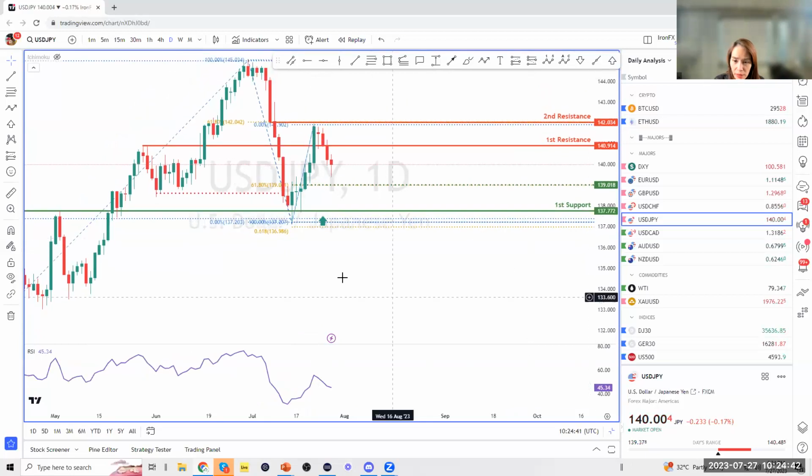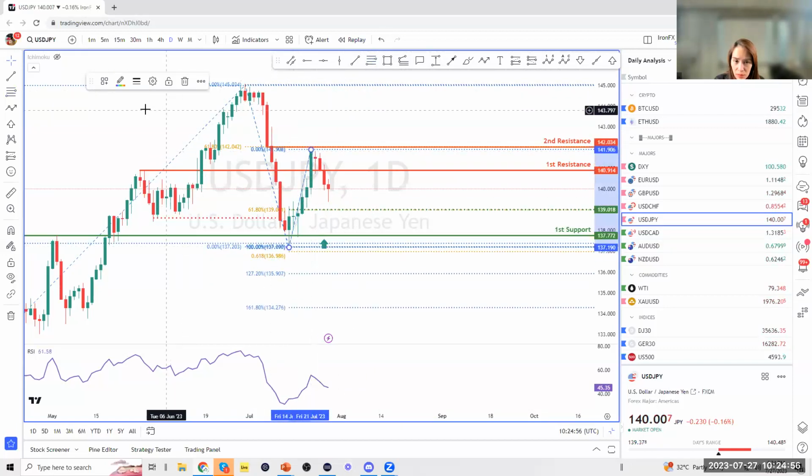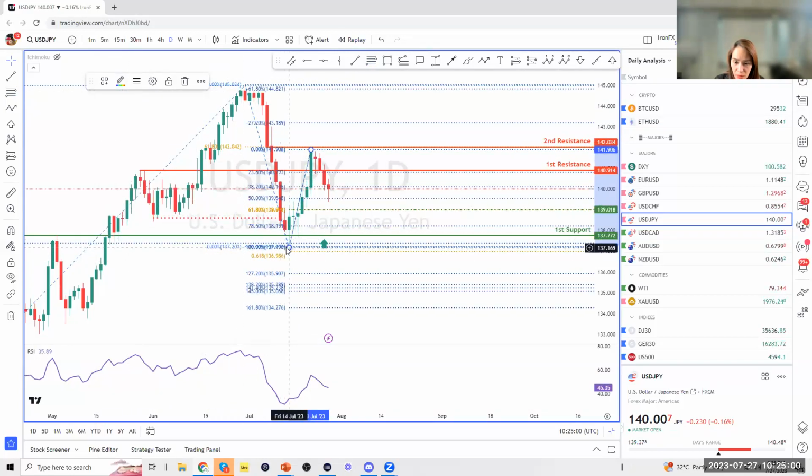What to buy, you buy here. If you were to buy, where is your TP? If you were to buy from this level, for example, price makes a move like that, right?